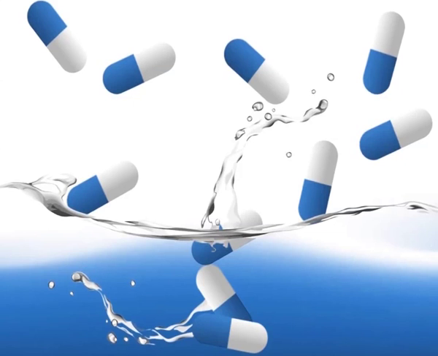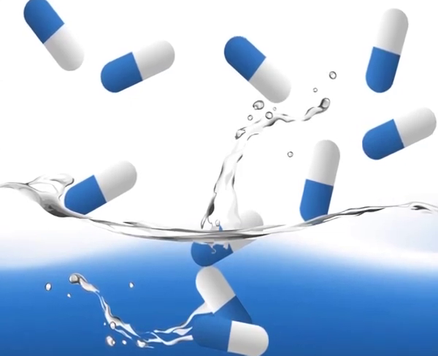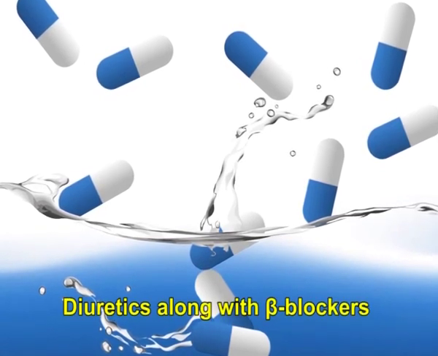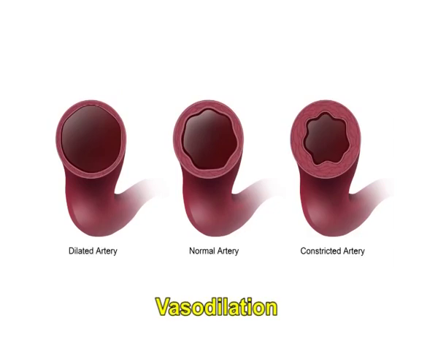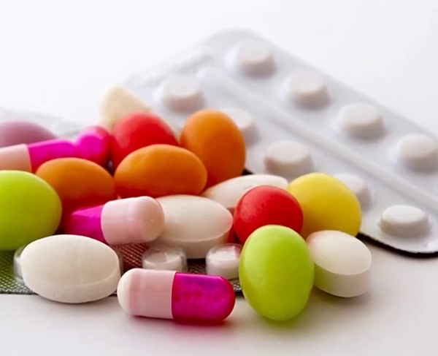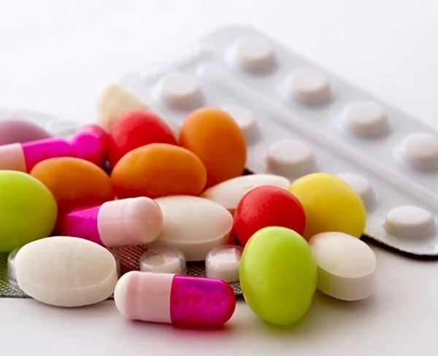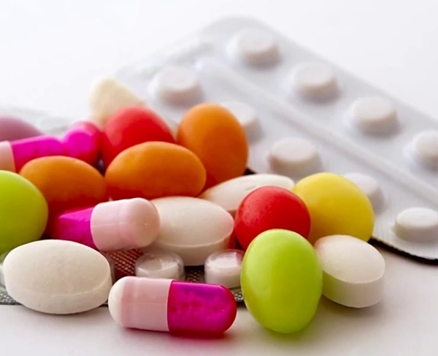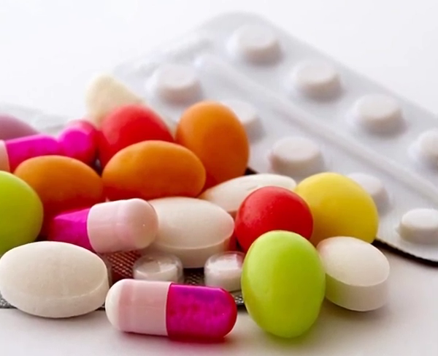Regarding clinical control over this ailment, it is conventionally treated with diuretics along with beta blockers or vasodilators as the first line of management. The treatment may be further extended with a combination of beta blockers and other types of antihypertensive agents like alpha blockers, ACE inhibitors, and calcium channel blockers in cases of severe to malignant hypertension.